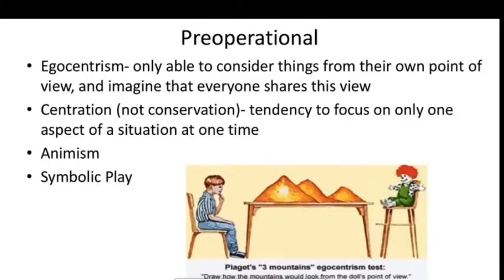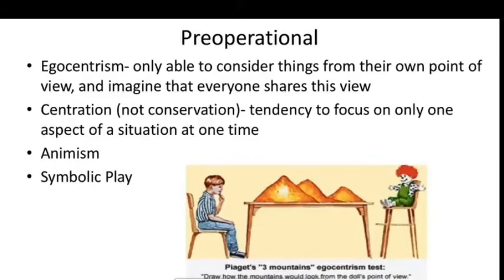Now, the next one would be animism. In animism, the child talks to inanimate objects like the electric fan, or the door. Sometimes when he bumps into a wall, he will punch the wall because he feels the wall is also animated, also living, or the fan is also living.